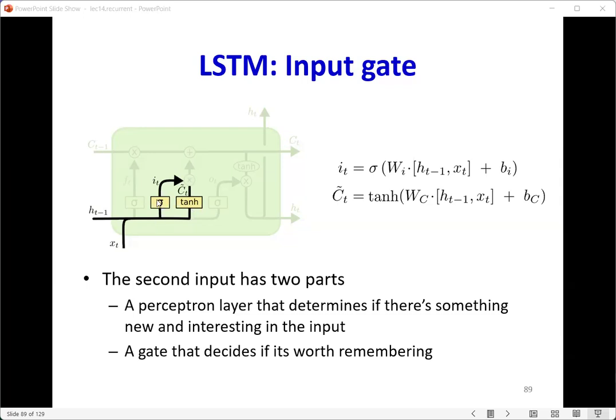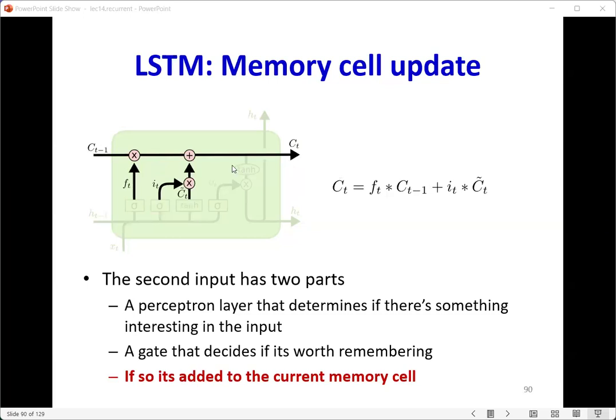So to control that behavior, you have a gate over here. This is a basic pattern detector, and this is a gate which determines how much of the pattern that's detected must be accumulated into the memory. So this is called an input gate, just as this was a forget gate. The input gate controls whether a pattern that has been detected will modify what's in memory. And what's in memory itself is decremented multiplicatively by this forget gate and incremented additively by this pattern detector.